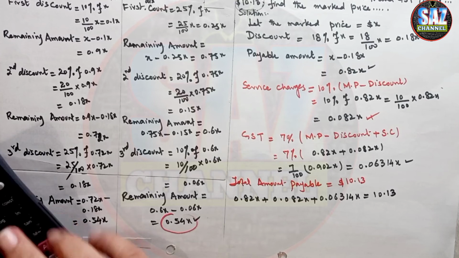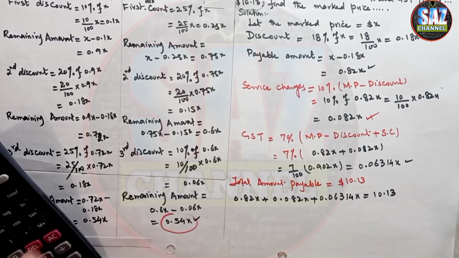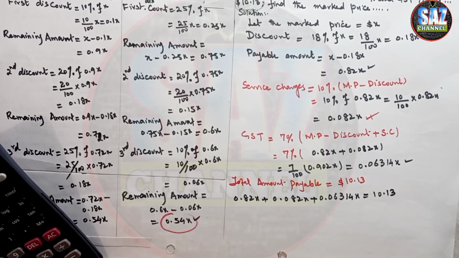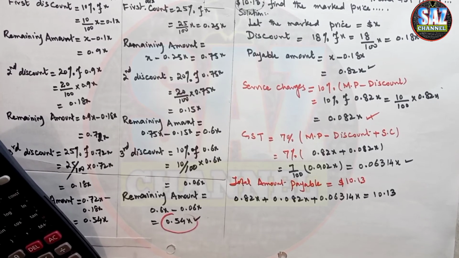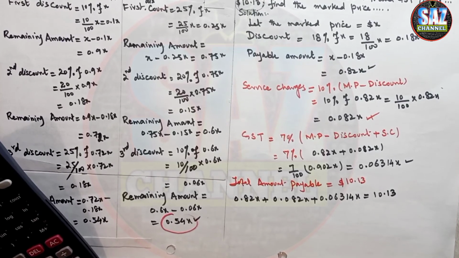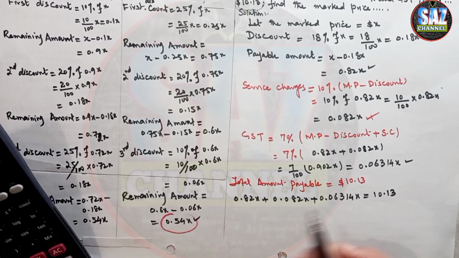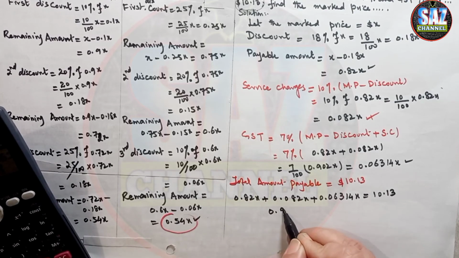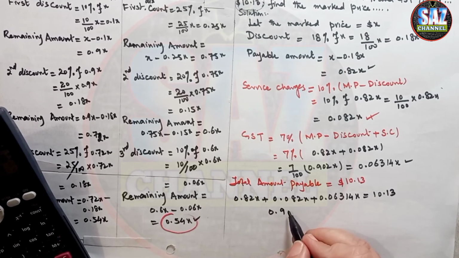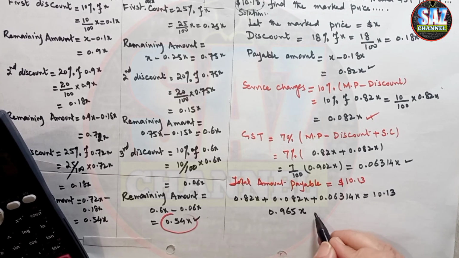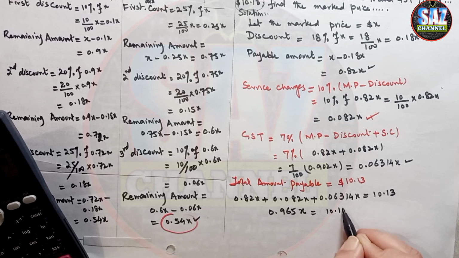Now let me carefully add up these values. 0.82 plus 0.082 plus 0.06314, and this gives me 0.965x equals 10.13.